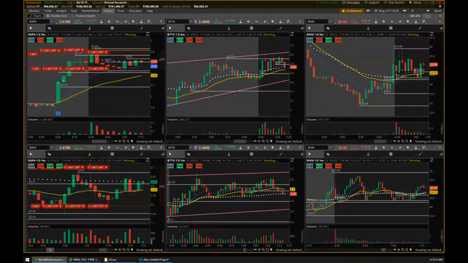This is looking good. Maybe one more pullback down here to the EMA. Another opportunity to possibly get in.